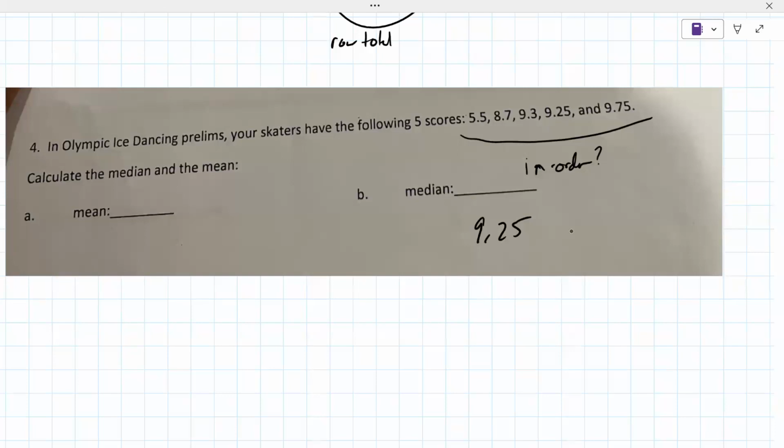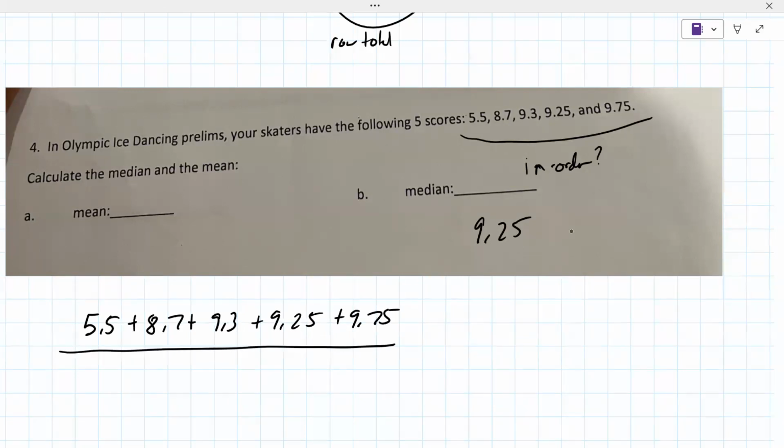For the mean, you have to just add them up. So you add them up and divide by the number of scores, which in this case is 5. Now make sure if you're using a calculator that you add them up first or put parentheses around it before you divide.